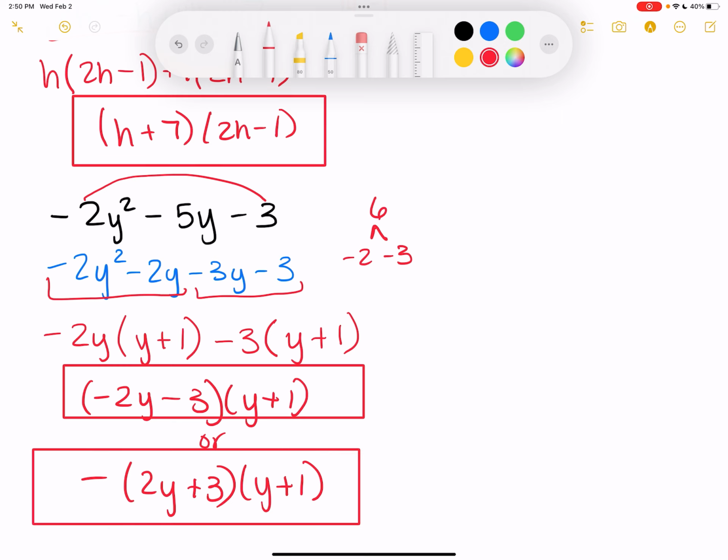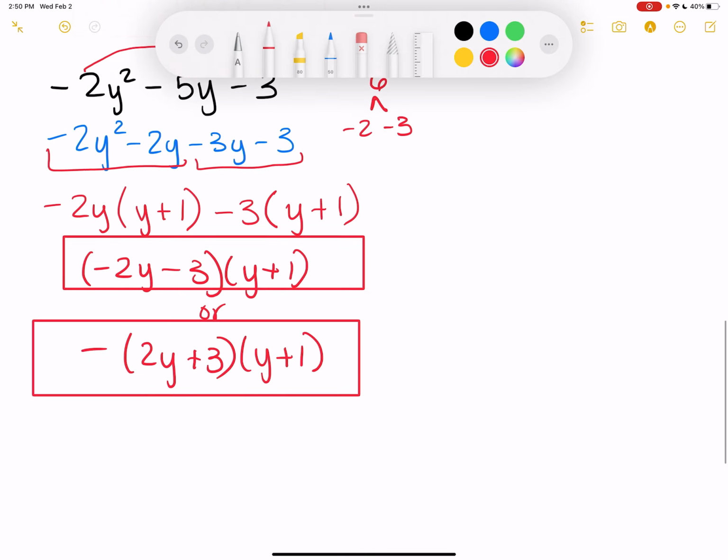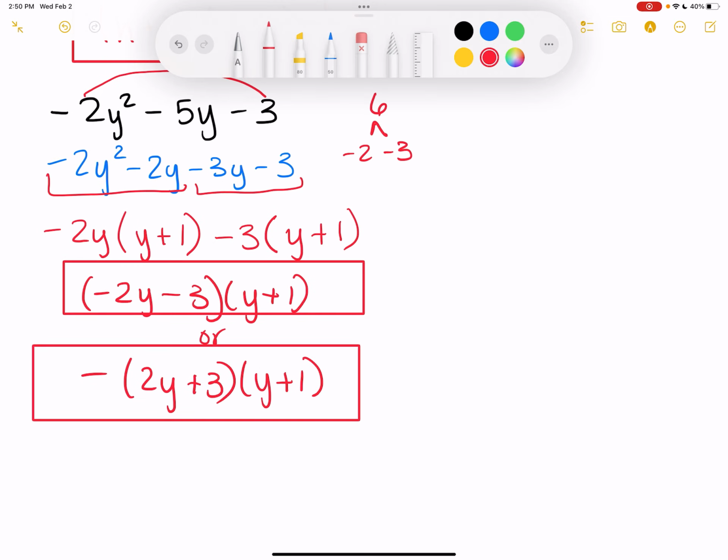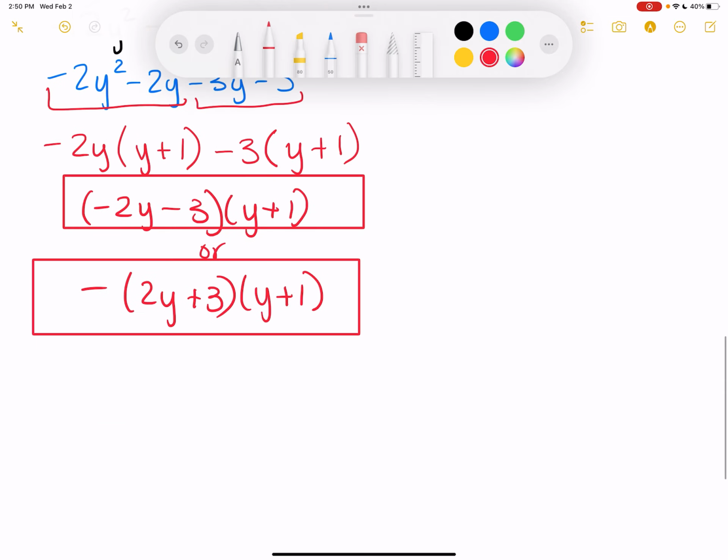Either answer is fine. I would rather you do this than risk messing something up moving it down to here, because there's nothing wrong with the way it's written in the first one. Your book just writes it this way to make it look a little cleaner. But personally, if I was doing it, I would have left it here.